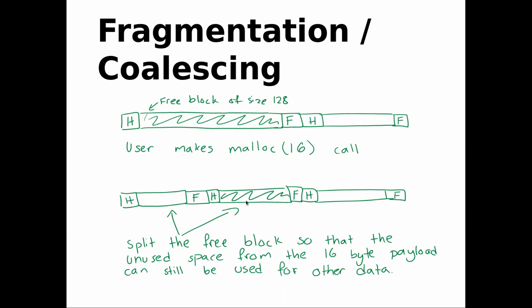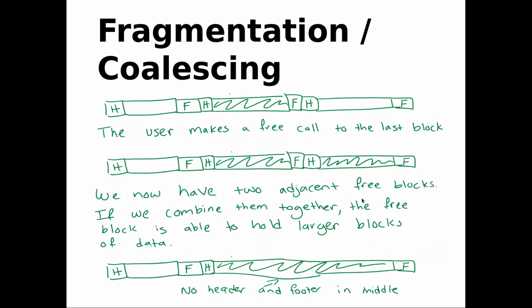And we need to ensure that every other block's alignment is still correct. So that's one of the things I was talking about earlier. That's an important consideration you need to make in your malloc implementation.